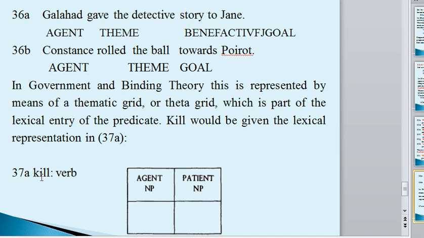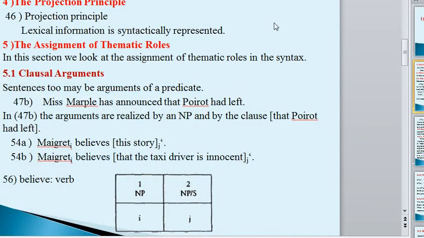It needs two arguments. The theta role of the first one is the agent, and the second one is the patient. So these are the relationships between the verb and its arguments, like agent, patient, theme, goal. These are the theta roles.